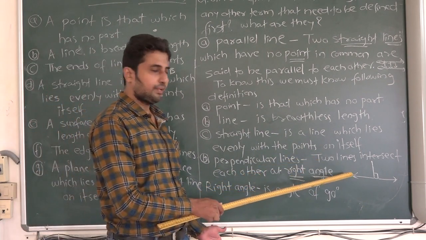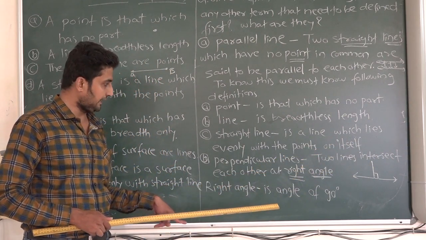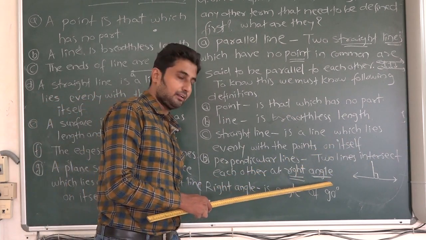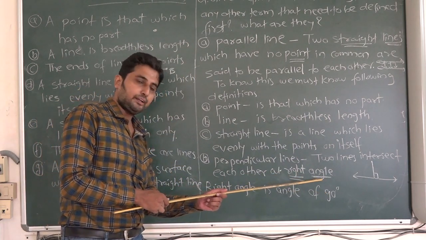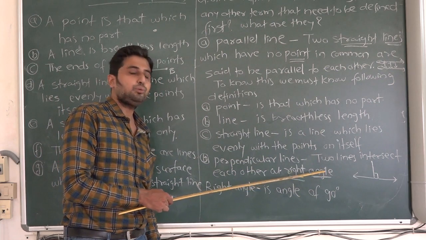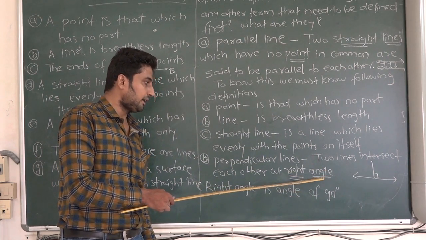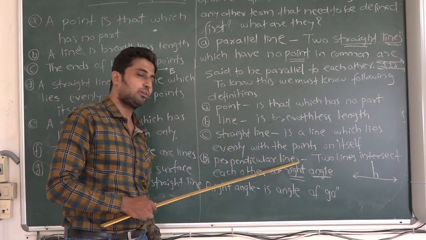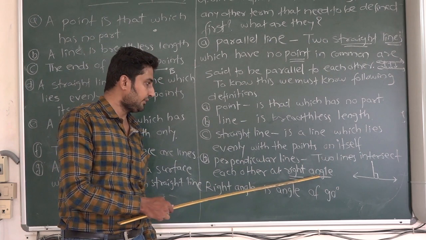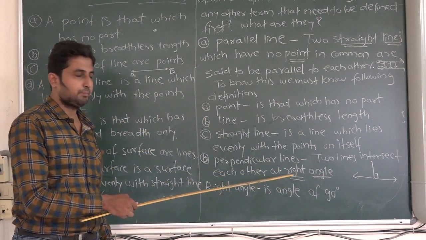It is clear that two lines intersect each other only at right angle; the condition here is that the angle made by the two lines must be equal to 90 degree. So if we don't know the definition of right angle, we can't define this perpendicular line. If we know the definition of right angle, then it is quite easy to define the perpendicular line.